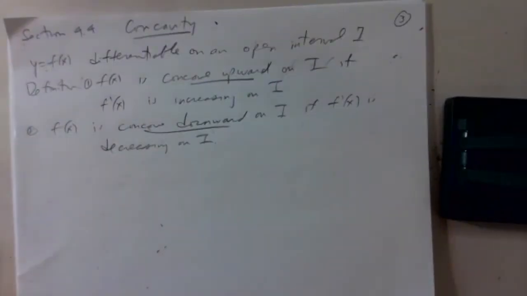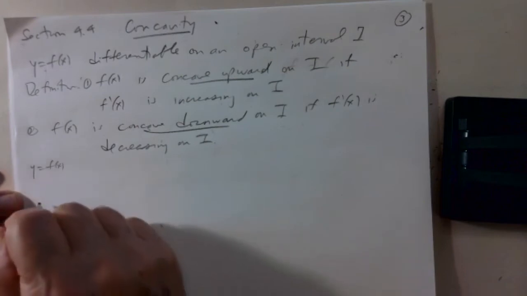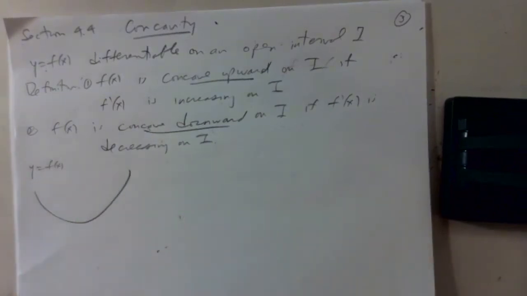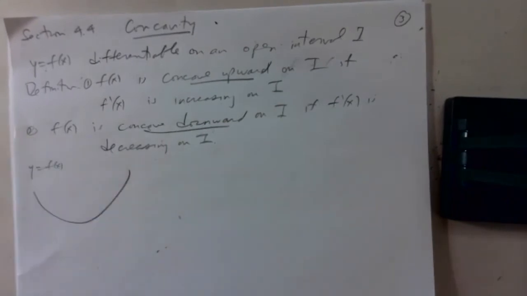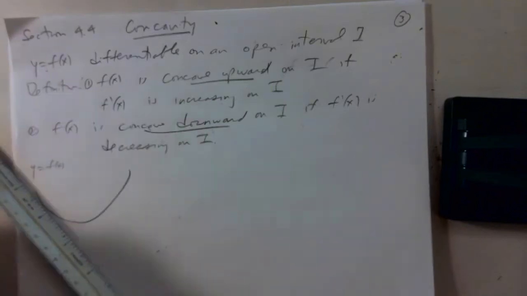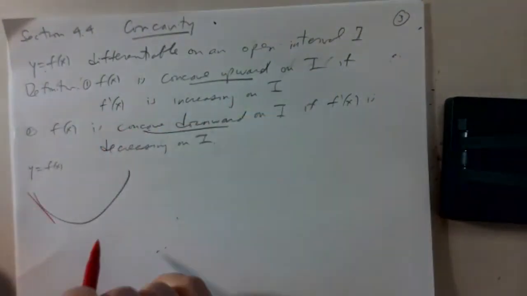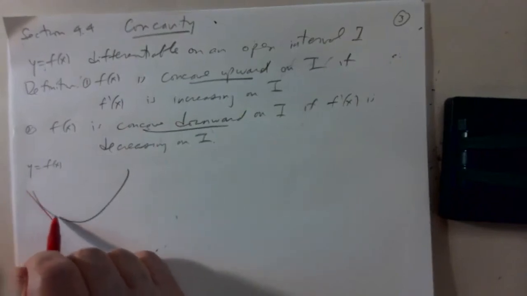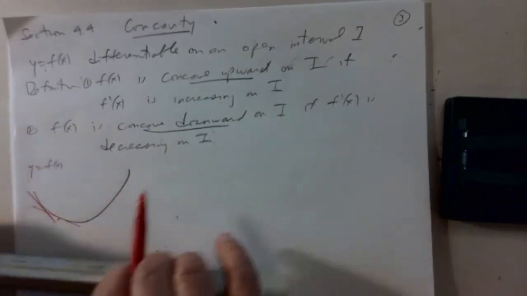So let me draw some pictures to give you sort of a geometrical sense of what it means for a function to be concave upward. Suppose the graph of y equals f of x looks like this. Now, wherever you take a tangent, the tangent is the slope of the derivative. So there's a tangent. There's a tangent.